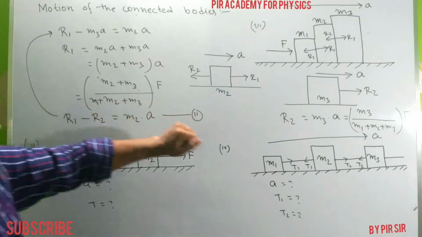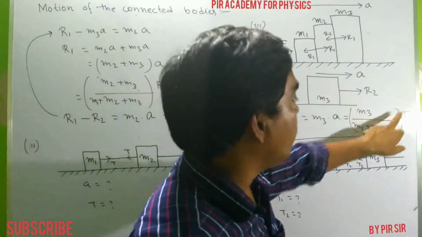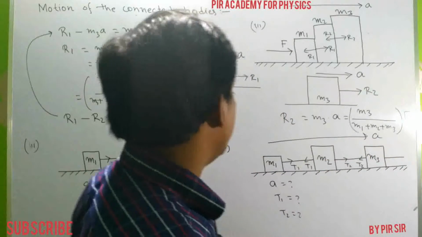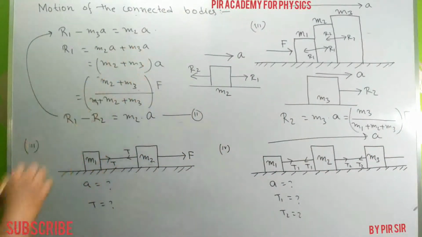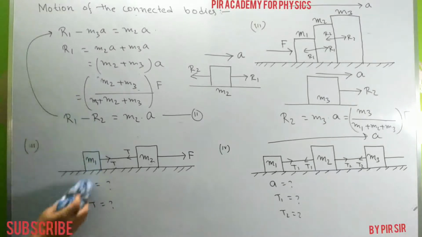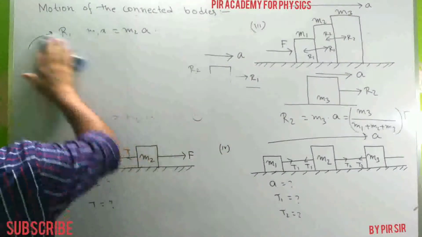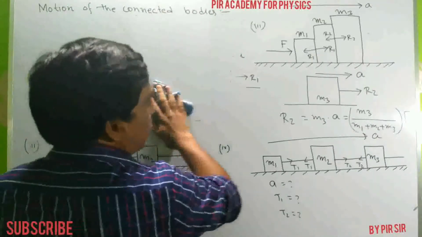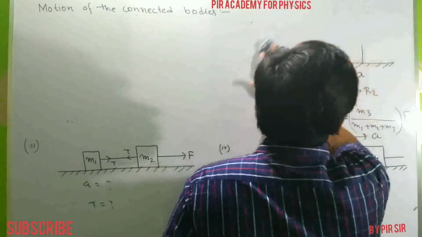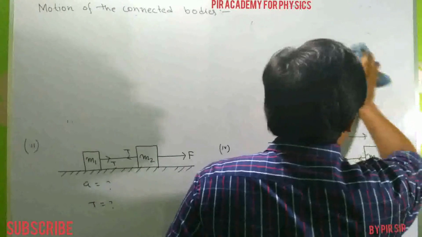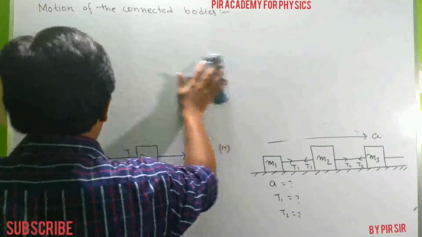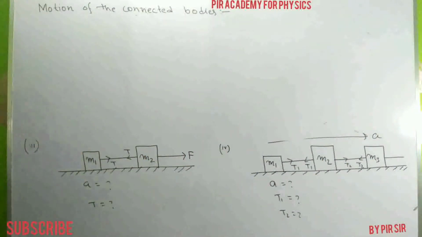And what is the acceleration? Acceleration is F by M1 plus M2 plus M3. This is for bodies connected to each other by contact. Then you have to calculate for connected bodies with a string. Here the calculation will be the same.